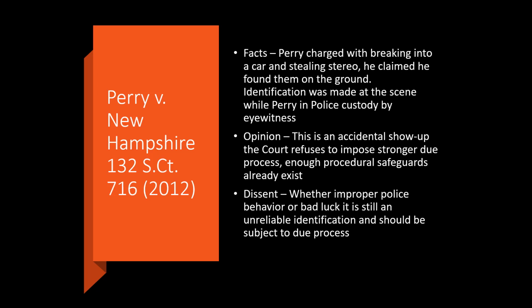So the minority opinion here is really trying to push the idea, and it's Sotomayor trying to push it, that show-ups or single identifications are just going to lead to too many problems, and that you really should isolate the witnesses and only let them see the suspect after there's multiple options to identify.